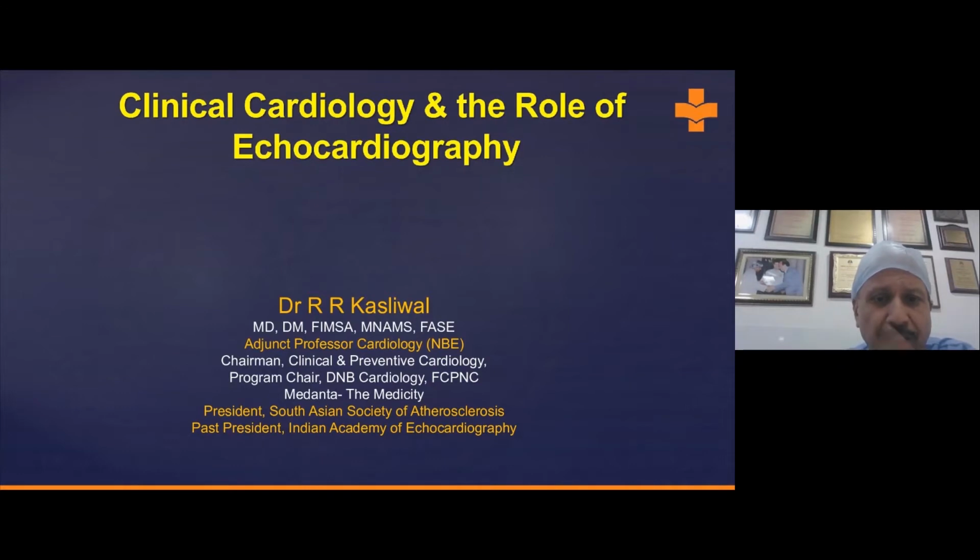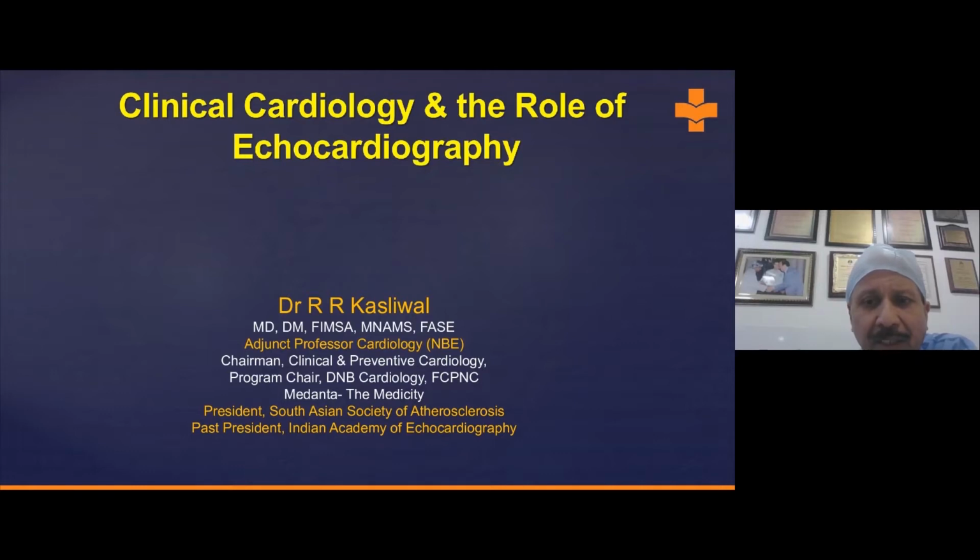But before transthoracic, the first thing that came in was M-mode echocardiography. And I started my life in 1977 at the All India Institute of Medical Sciences in New Delhi with M-mode echocardiography. And this, in front of you, is the mitral E and A waves, the anterior mitral leaflet, as first seen by Adler and Hertz.